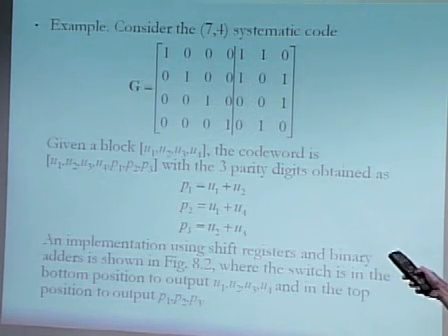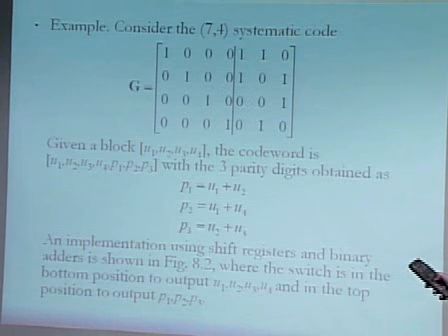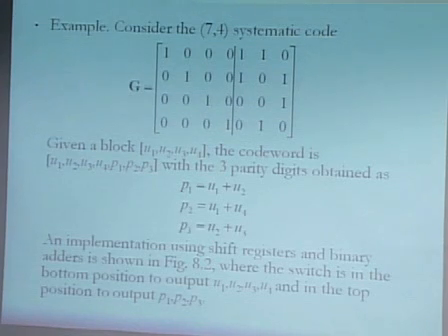Whenever you have a 0, it means the corresponding information bit is not involved. When you have a 1, it means that the corresponding information bit is involved. Because what happens is that the linear combination multiplies by 0 or 1. You multiply by 0, it disappears. Multiply by 1, it remains. So let's look at this one: 1, 1, and 0, 0. That means that we have to keep U1 and U2, and we throw away U3 and U4. So the first parity bit is just U1 plus U2.